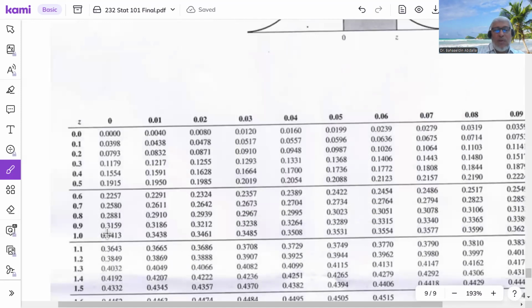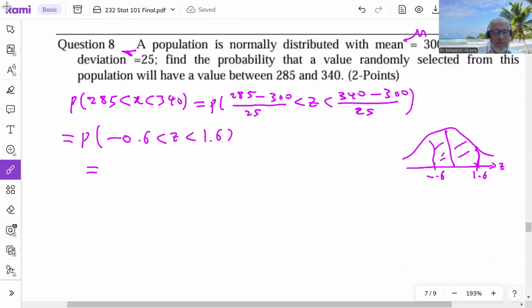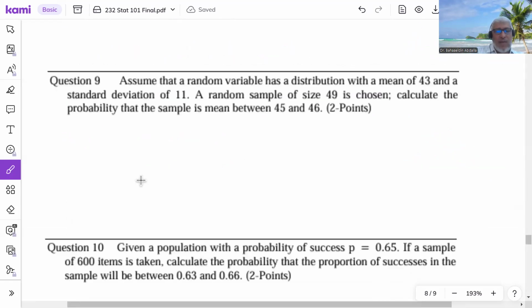You can write and add, or you can just write the final answer as you wish. So 0.2257 plus 0.4452, and the final answer would be 0.6709. This is the answer of question 8.